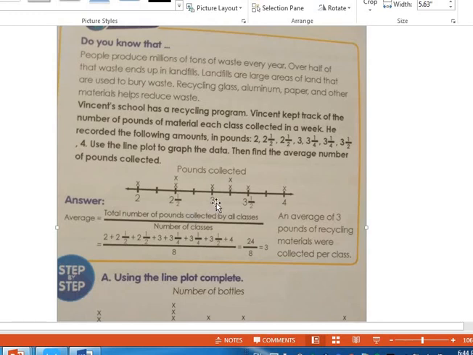Then 3. 3 appeared just one time, so draw 1 x. Then 3/4, how many times? Just 1? No, it appeared another time here. So 3/4 appears 2 times, so I will write here 2 x's, right?